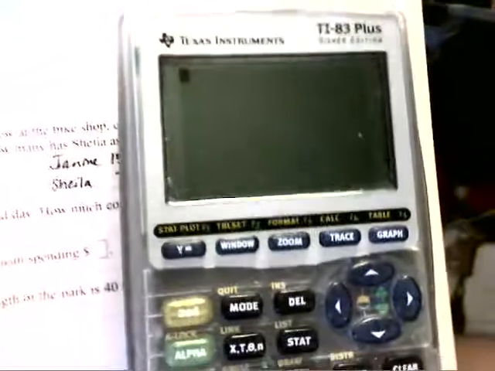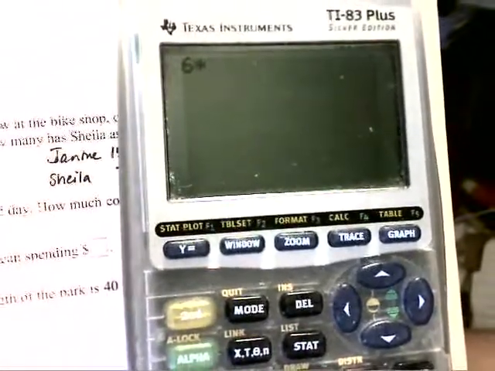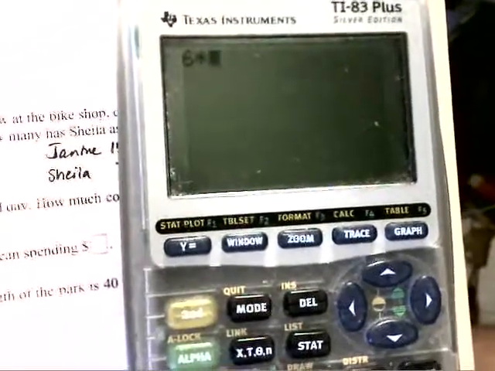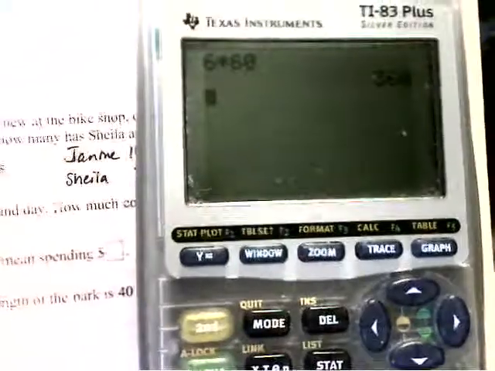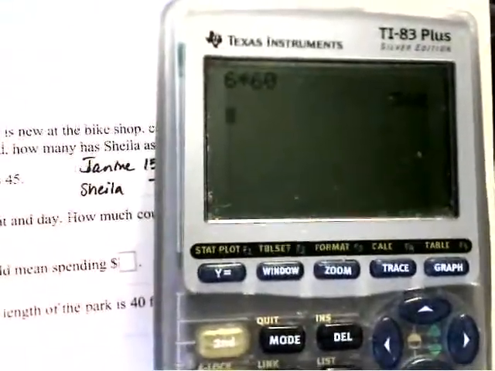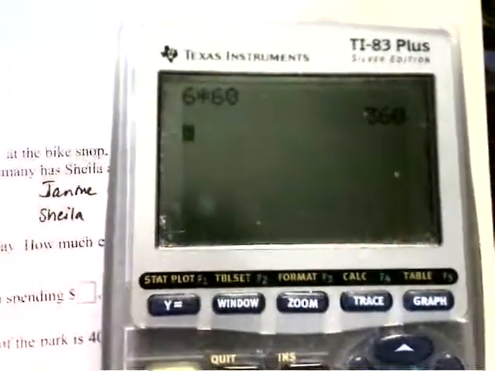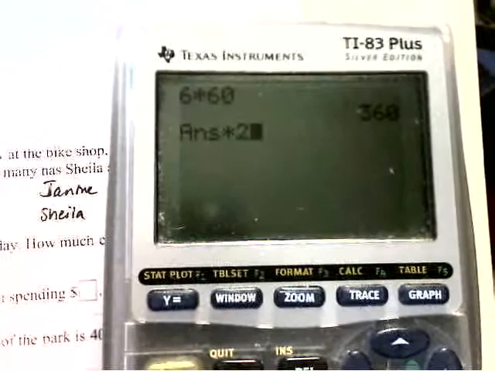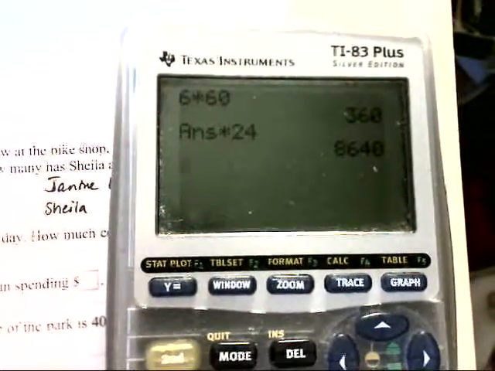Okay, so here I'm going to use a calculator for this one because now she's going to spend $6 every minute. So $6 for every minute, and 60 minutes in an hour, so that's 60 times 6, or $360 in an hour. And there are 24 hours in a day. So if we do 360 times 24, you get $8,640 in a day.